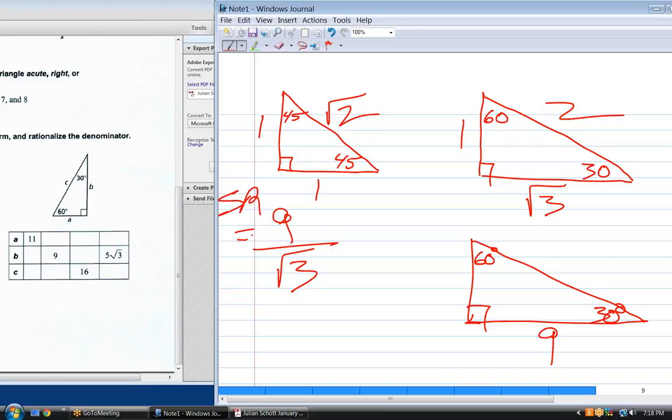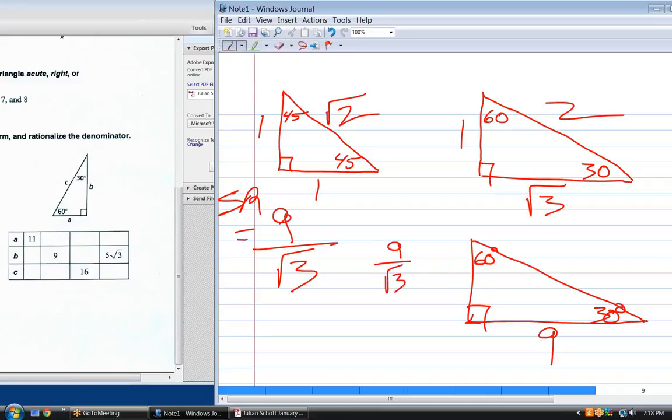Now, that's the similarity ratio. I don't care if that has an irrational number in the denominator, because I'm not writing anything yet. It's only the final answer that I have to make sure I have a rational denominator. Okay. What's this side? Is it 9 root 3? 9 over root 3.